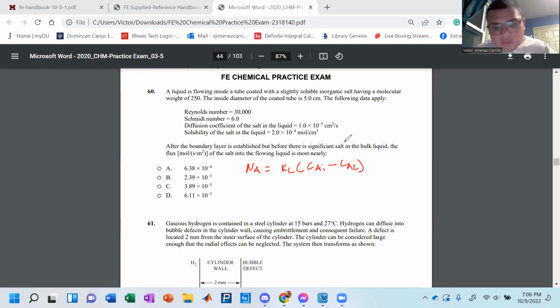Now, they're giving you the Reynolds number, the Schmidt's number, the diffusivity constant, and the concentration of the system coming in. We are missing the mass transfer coefficient. So how do you find the mass transfer coefficient?